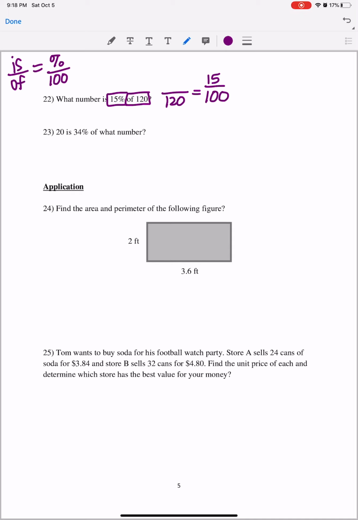So then I don't know my is, so that's my x. So cross multiply. Get that x first. So we've got 100x equals 15 times 120 gives me 1,800. Then divide both sides by 100. And I've got x equals 18.